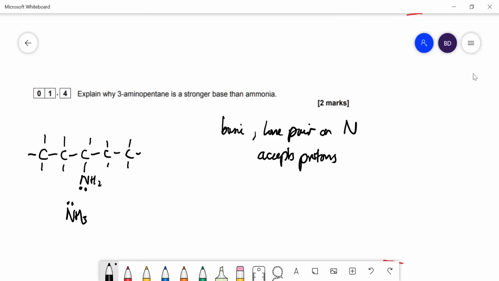Why is it a better base? The reason why is because the lone pair on the amine here has higher electron density. And that's because alkyl groups have a slight tendency to release electrons.